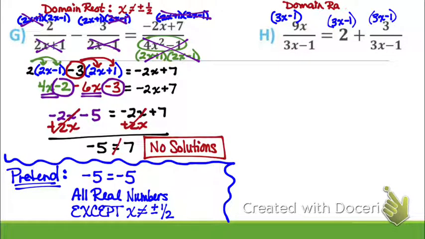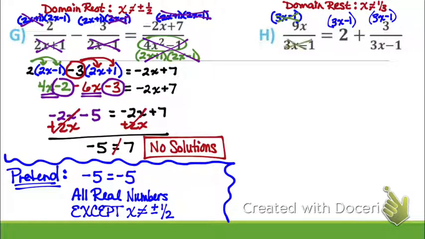Not range, restrictions. How do you know the restrictions? Look at your denominator. What would make the denominator 0? So you do 3x... Yes. And that's the restriction. You take your denominators, set them equal to 0. Whatever would make your denominator 0.